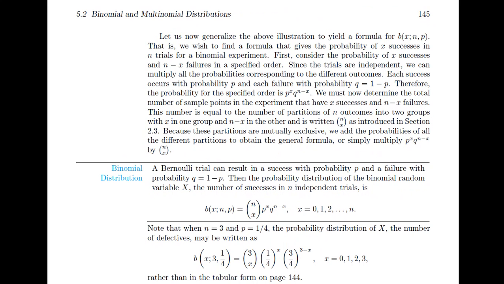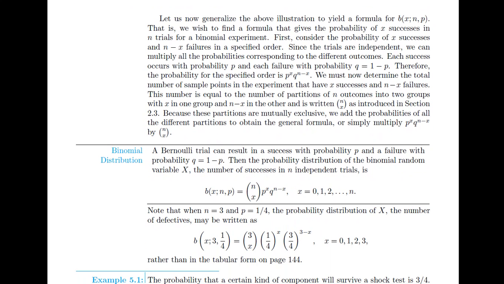Let us now generalize the above illustration to yield a formula for b(x; n, p). That is, we wish to find a formula that gives the probability of x successes in n trials for a binomial experiment. First, consider the probability of x successes and n minus x failures in a specified order.